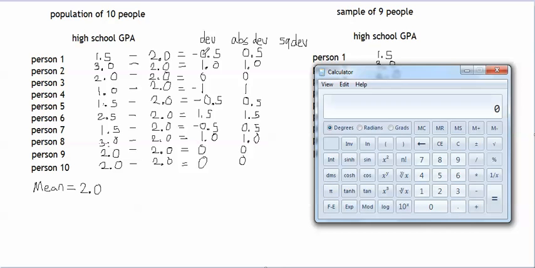We don't have to actually enter the negative signs because negative 0.5 times negative 0.5 equals the same answer as 0.5 times 0.5. So we can just do 0.5 times 0.5, and we get 0.25.